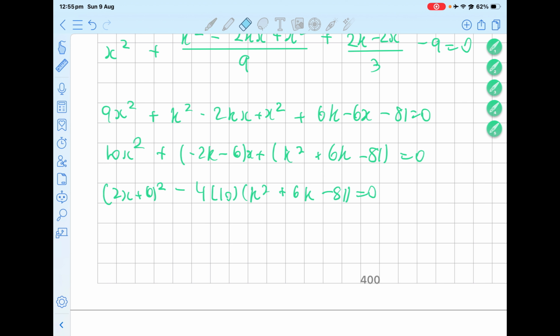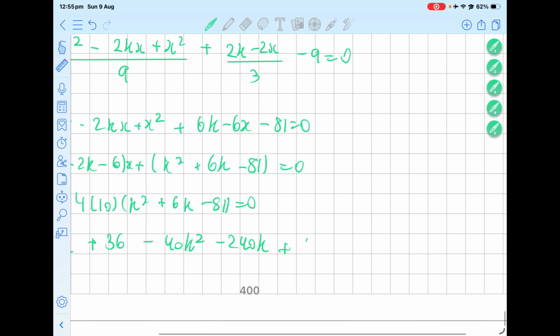So 4k squared, and then 2 into 6 into 2, so 4 into 6, plus 24k plus 36, minus 40k squared, and then 40 into 6, plus minus 240k, and then plus 81 into 40, which is 3240, equals 0.